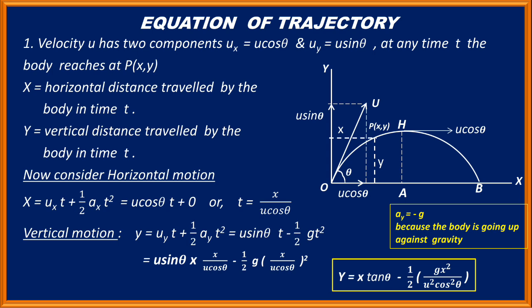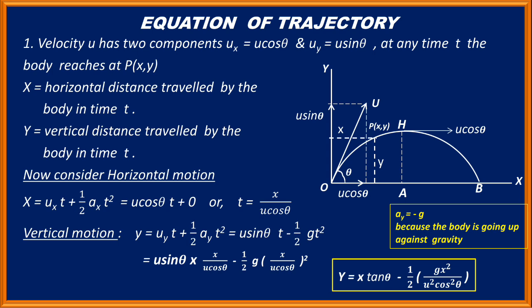Since the acceleration along horizontal side is 0 because the velocity is constant along horizontal, we can write x equal to u cos theta into t plus 0, or we can calculate time t equal to x by u cos theta.